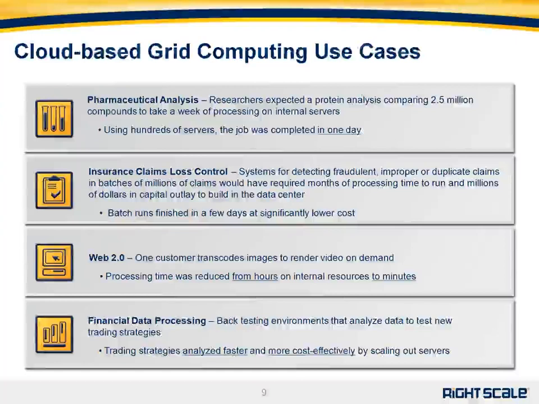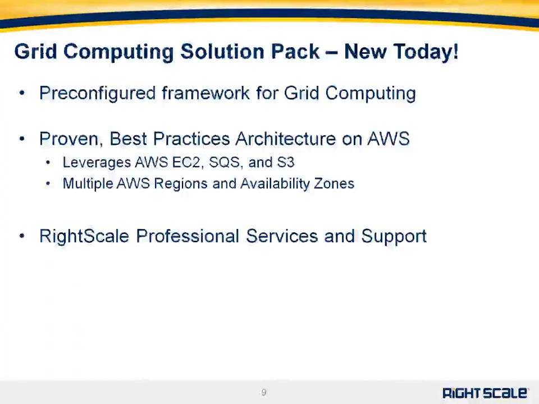But I think the reason they really like RightScale as a partner is that RightScale enables them to manage their SLAs in a cloud model, just like they would in an internal model. So Josh, let me hand it to you, and you can go into the RightScale grid computing solution packs and how we're packaging this up today.